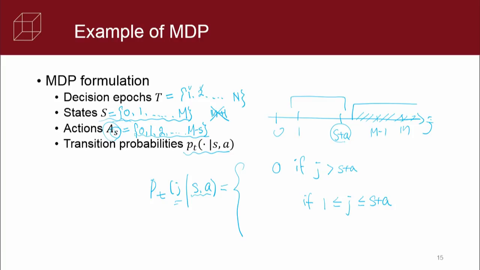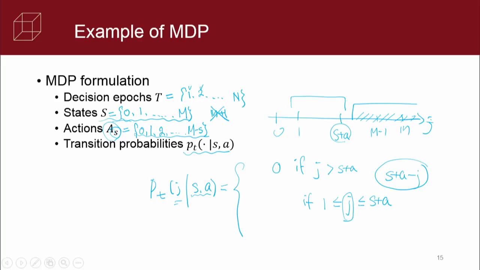In this situation, it implies that the demand in month t was s plus a minus j.